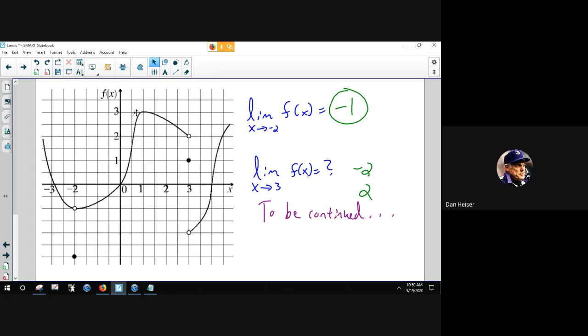As we approach 3 from here, x is getting closer to 3, y is getting closer to 2. And we had a conflict. This is where we resolve the conflict, but not right this second.